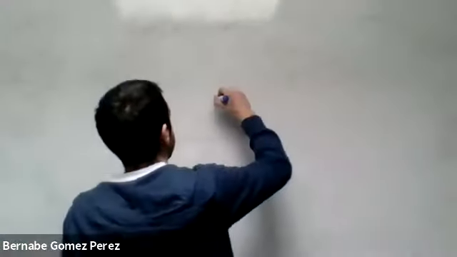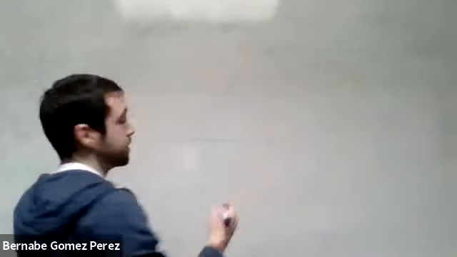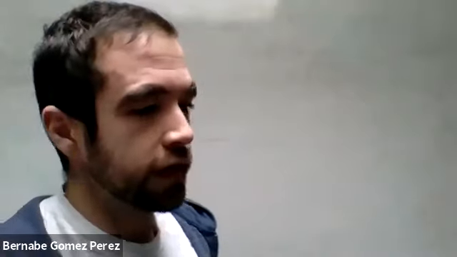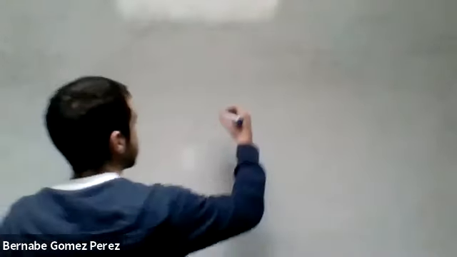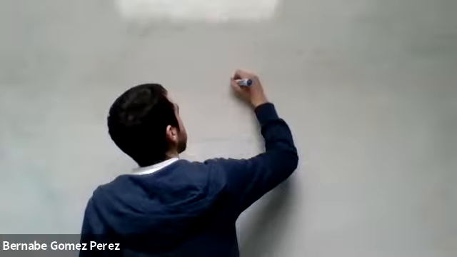So basically, what you have to understand is that if you have an object and you have friction, this friction is going to act parallel to the surface, okay?